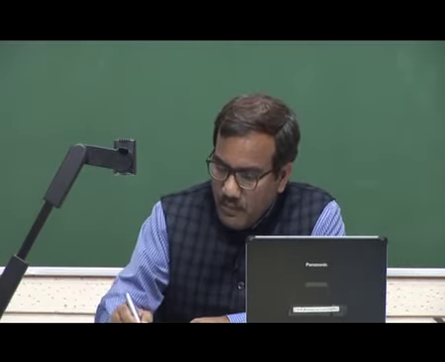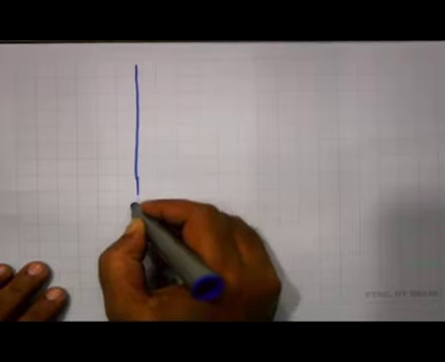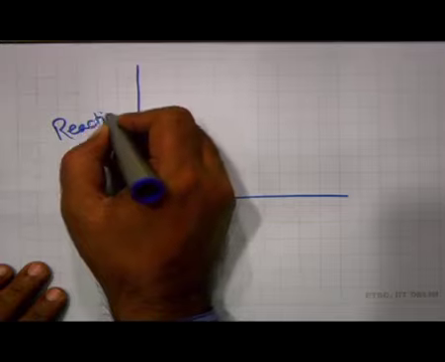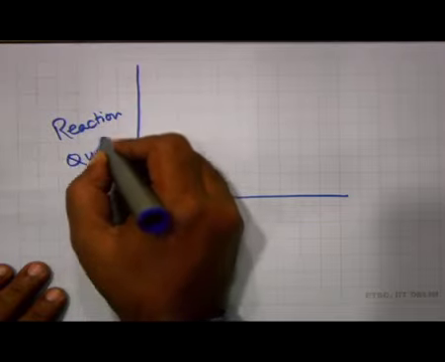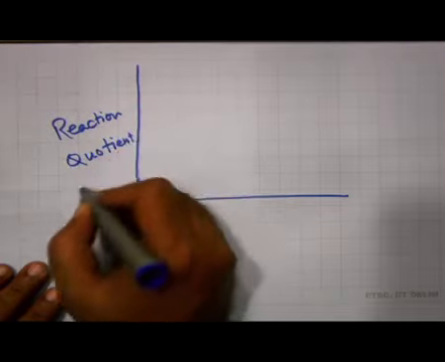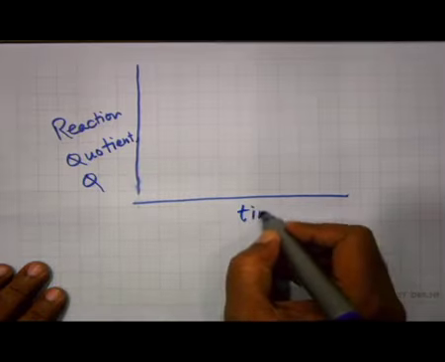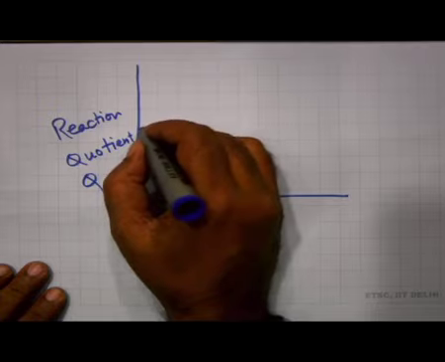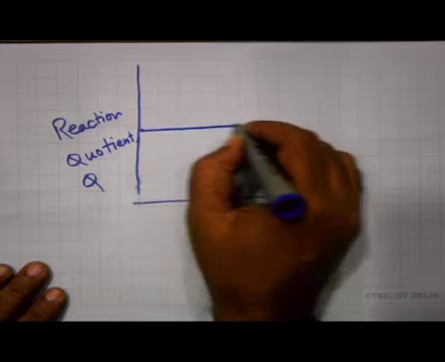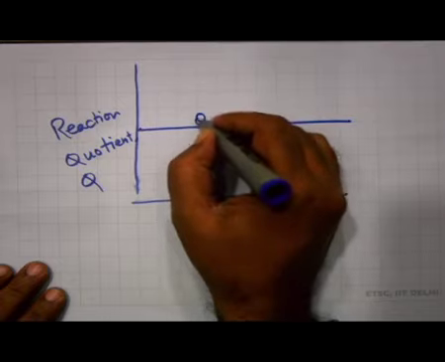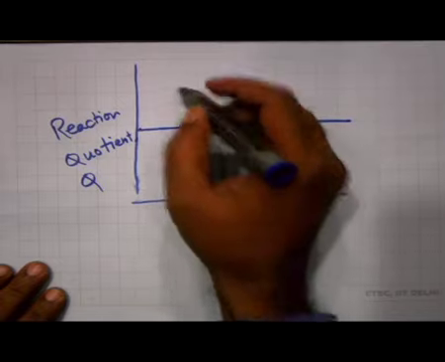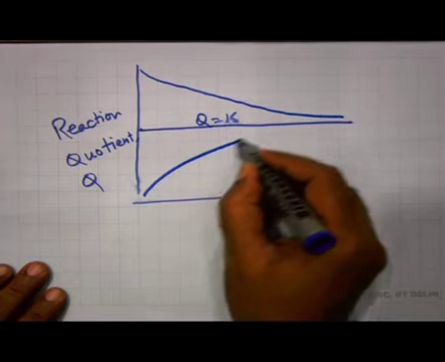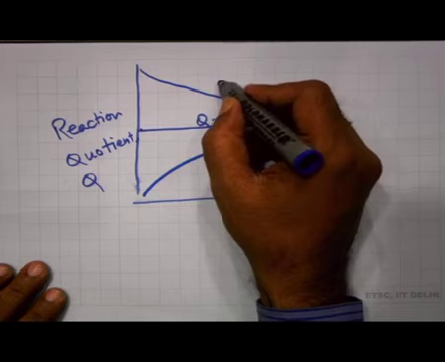So, if I plot reaction quotient Q with time, you get this kind of curve.